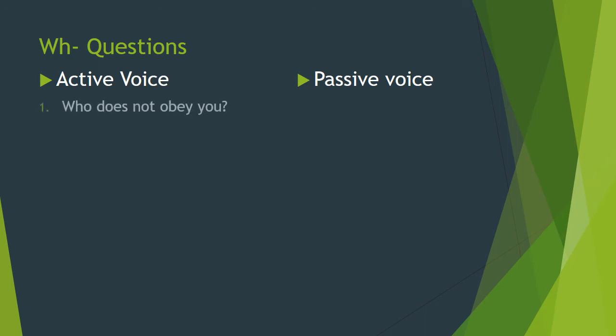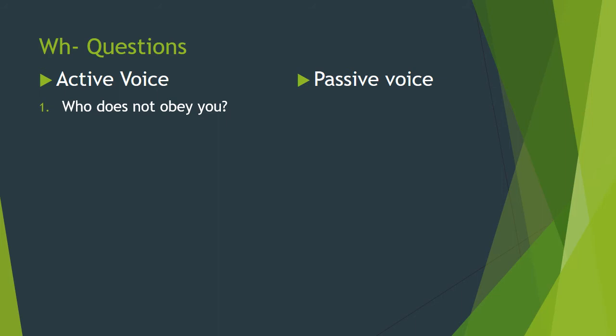Let us learn how a WH question is changed from active voice to passive voice. First question: who does not obey you? Since the question starts with who, in the passive voice it will change to by whom.